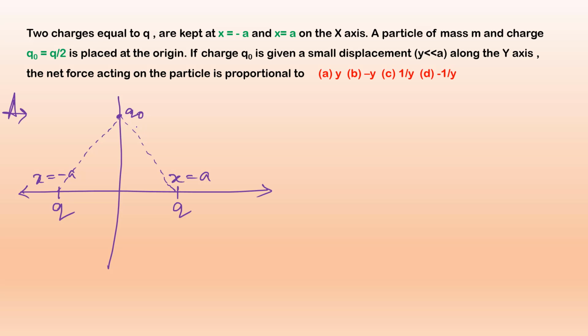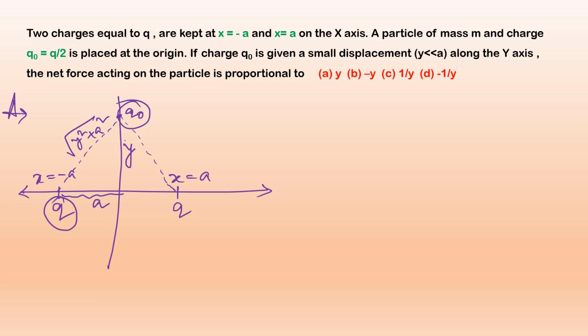Initially, the charge q naught was displaced from the origin by a distance of y, right? And we know that the distance of the charged particle from the origin is a. So we can say that the distance between these two charged particles is under root of y square plus a square, right?